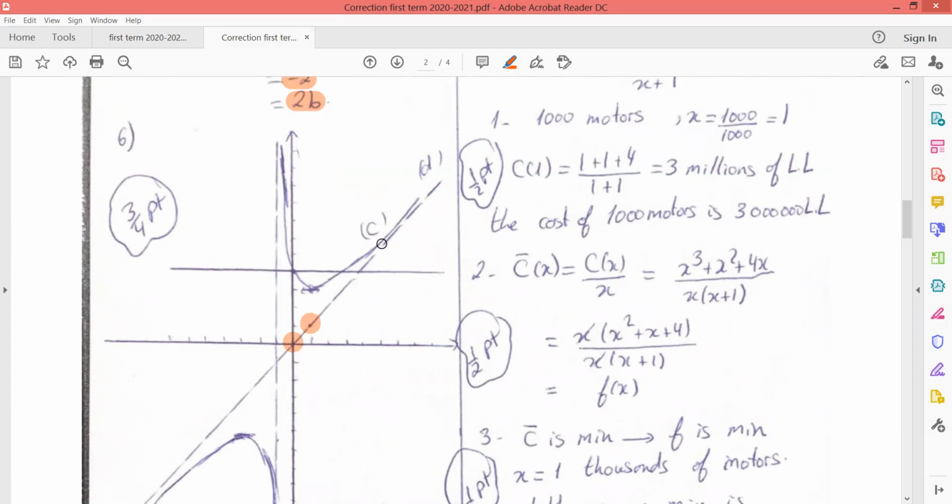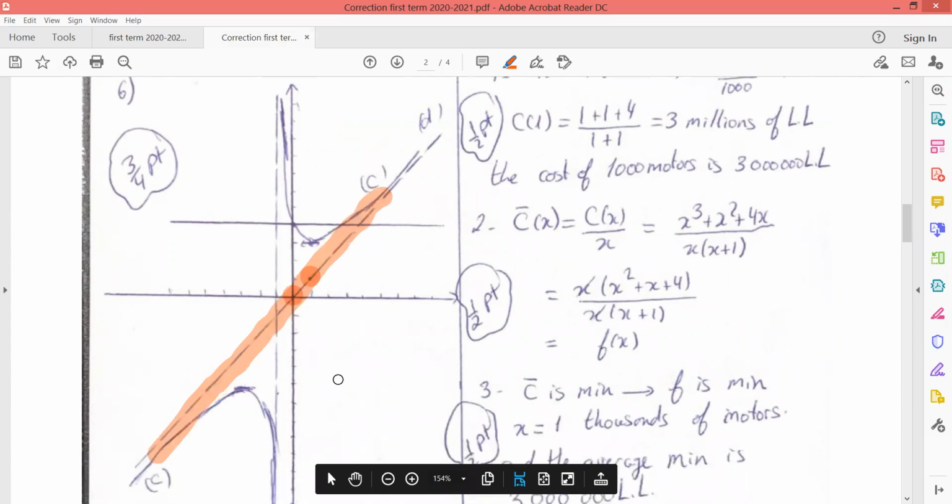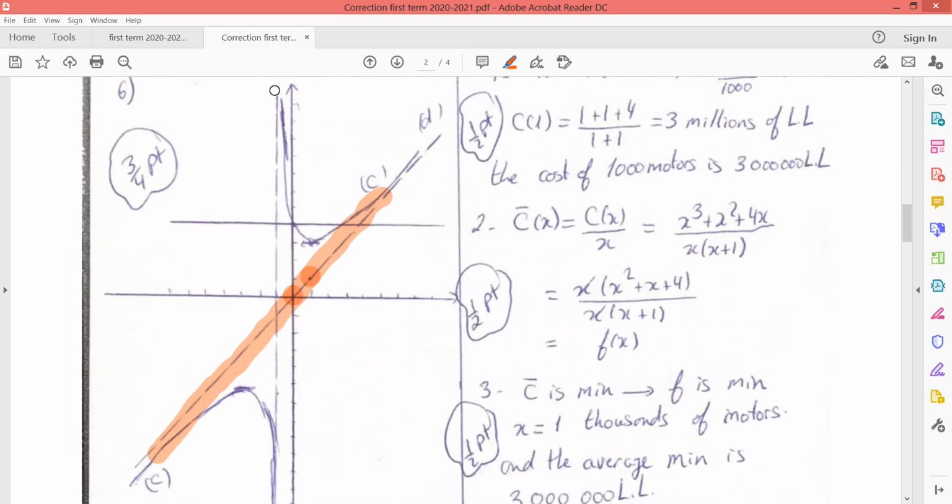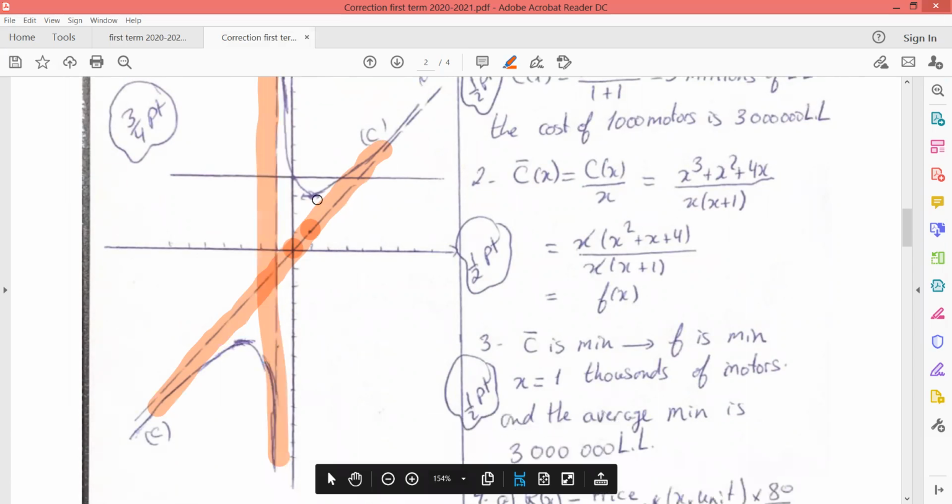So this is the oblique asymptote. Now I draw the vertical asymptote, which is x equals -1.